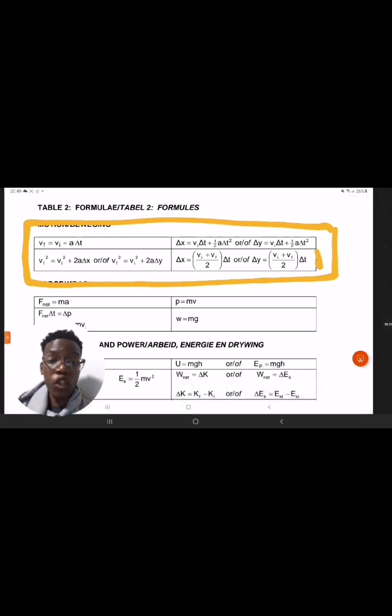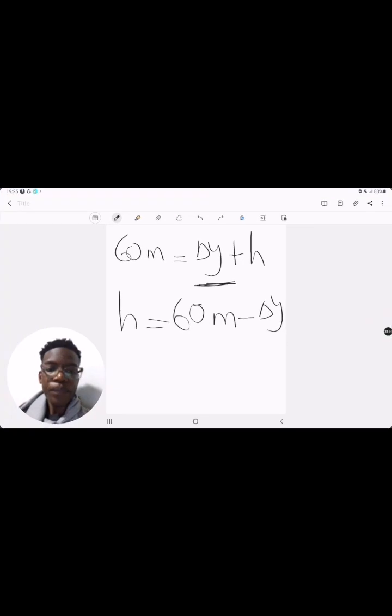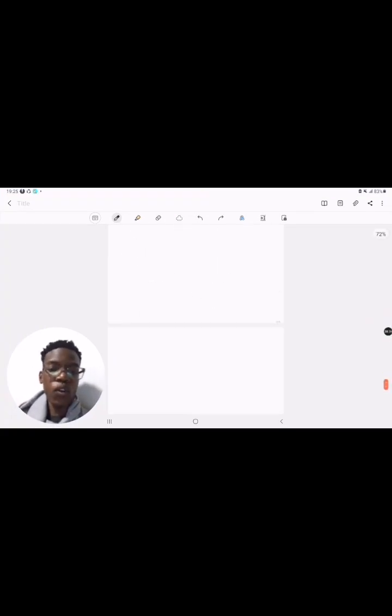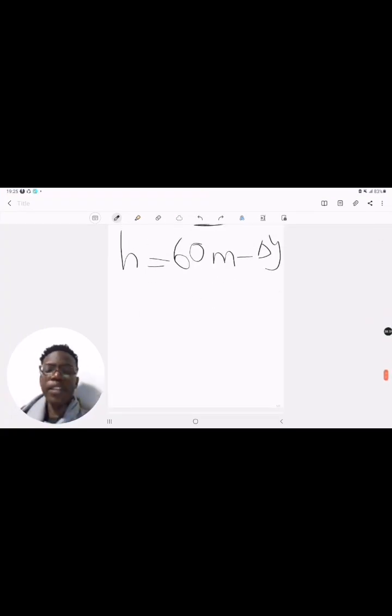So I'm going to use this equation, delta y, to find delta y, simply because it's the simplest equation to use. I like keeping things simple. I suggest that you keep things as simple as you possibly can whenever you can, right?